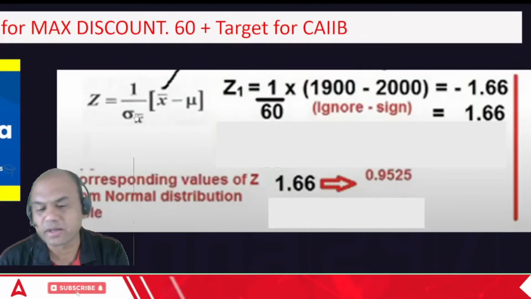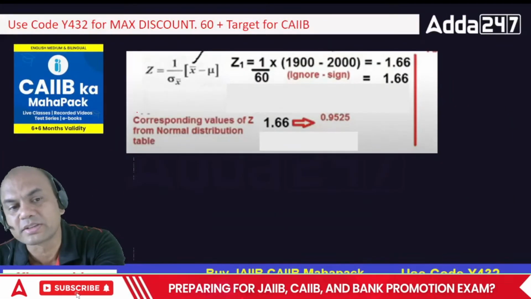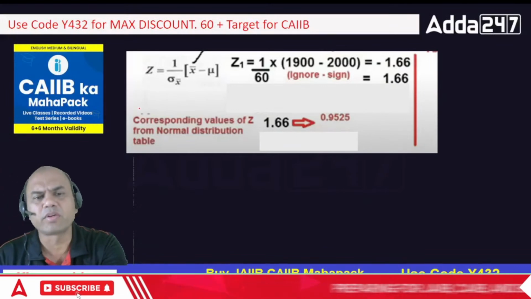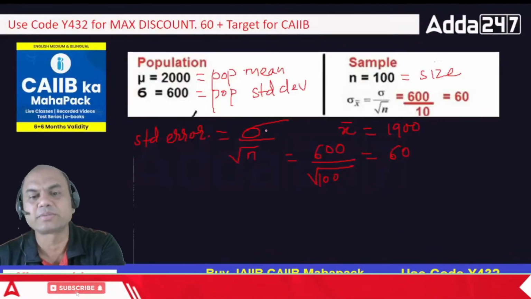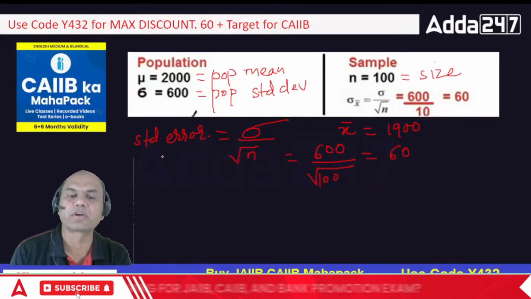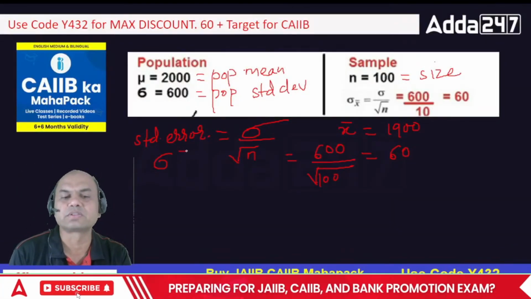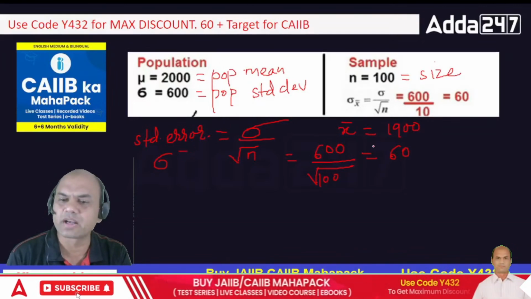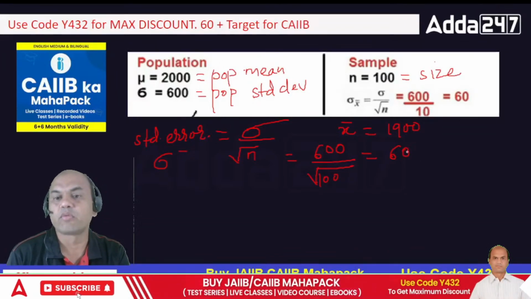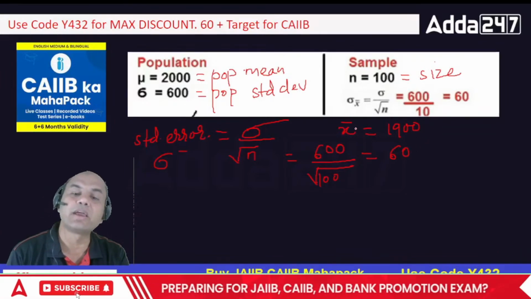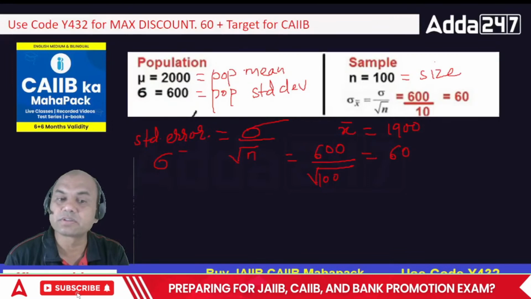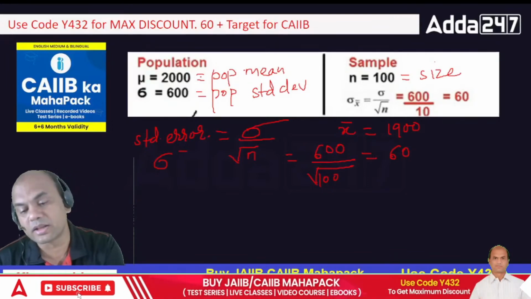Now what is psi x bar? Are you getting this 60? Psi x bar means standard error. We write it as psi bar or psi x bar, anything. So this is 60. What is x bar? X bar I have just written as 1900. And what is my mu? Mu is 2000.